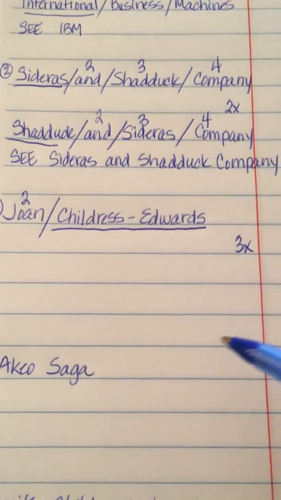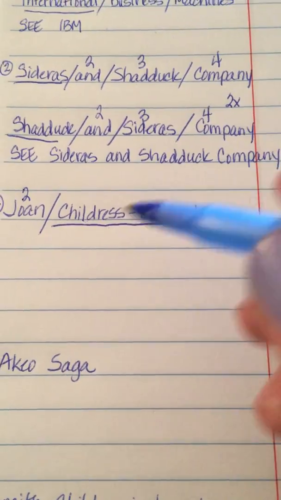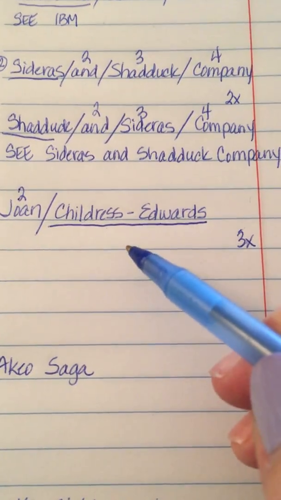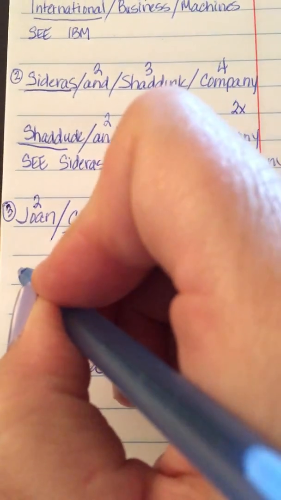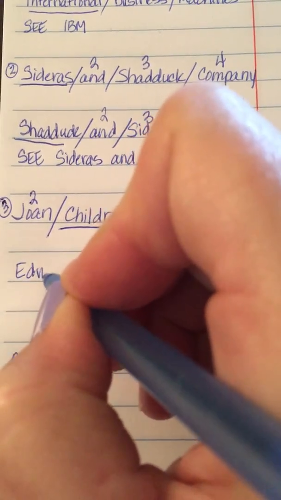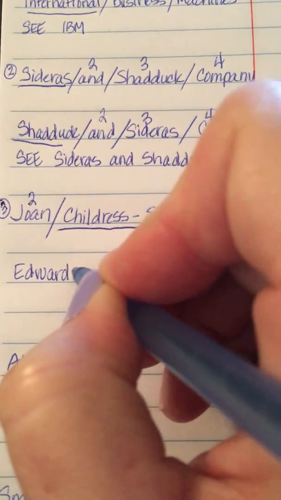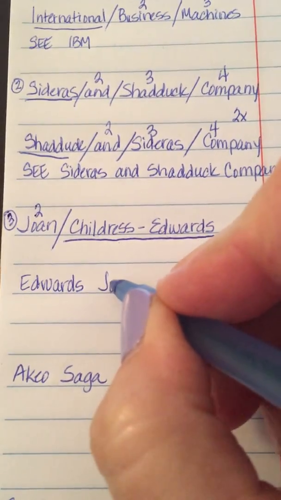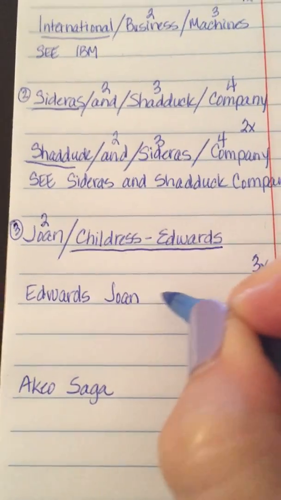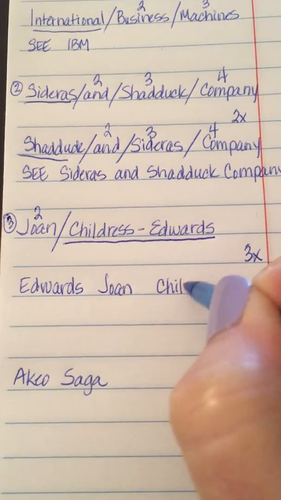Now, when it's a person's name, this is going to get a little weird. You split the name apart, and Edwards now becomes the key unit. And then Joan, the person's first name, and then Childress.